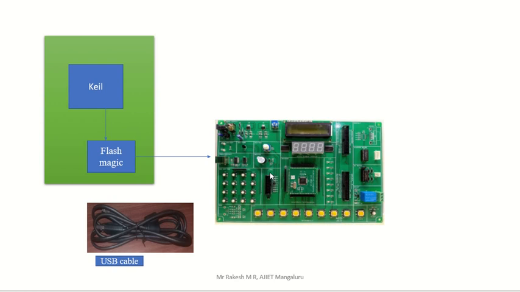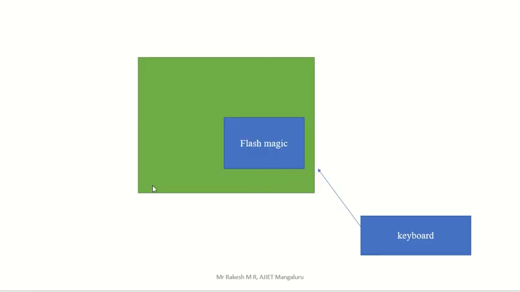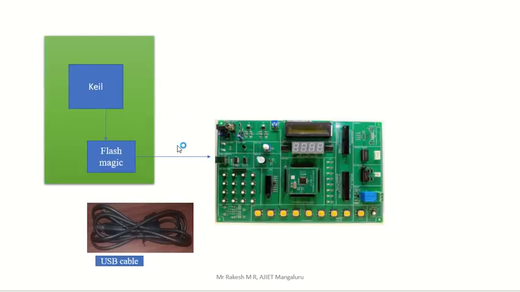Let us go for what is the output you are going to get here. So in your computer you have FlashMagic software. That software will dump your code from your computer to the LPC2148 kit. Once that program is here and execution is over, in experiment 9 we have to display one message, a hello world message, on your computer display.